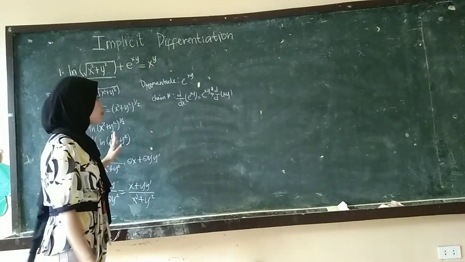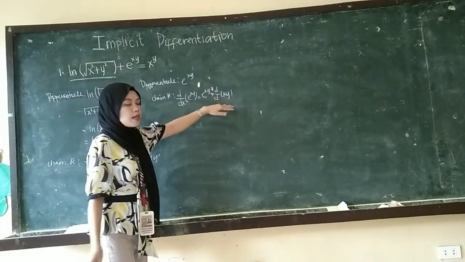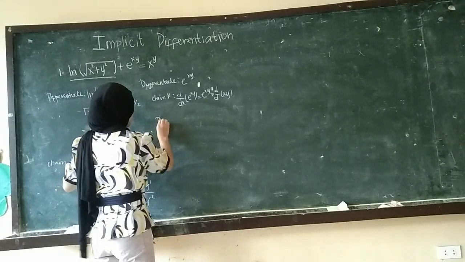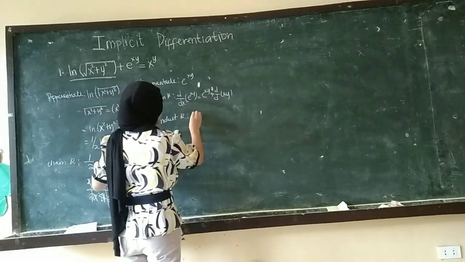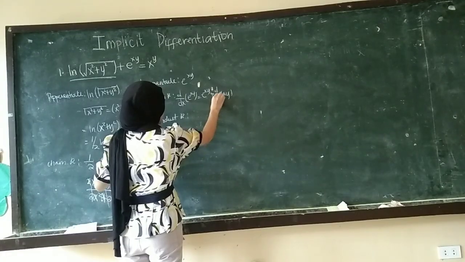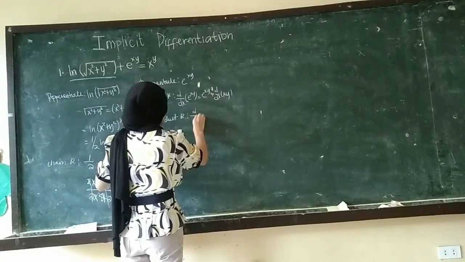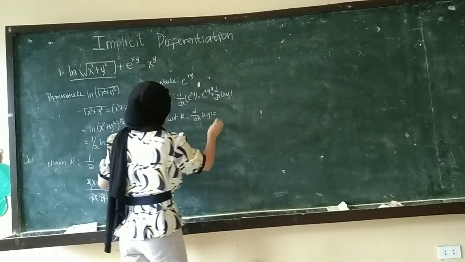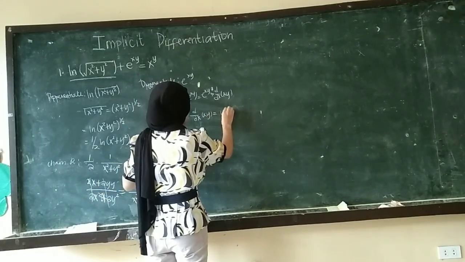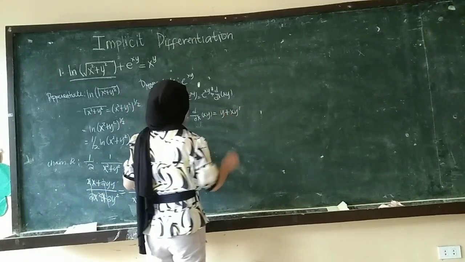Since this is a product, we are going to use the product rule. It will be d over dx of xy, which is equal to y plus x y prime.